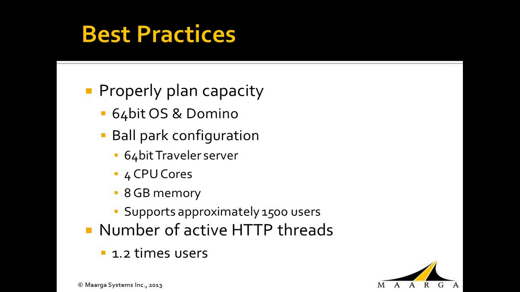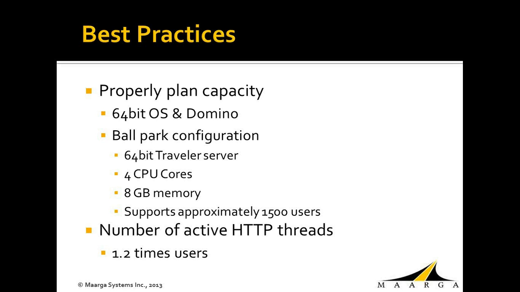So this is a ballpark configuration. You can get the full capacity assessment and report from IBM's Techline, but this is a ballpark estimation that we have made, based on our Traveler rollout experience. So you can probably work it out based on this configuration.